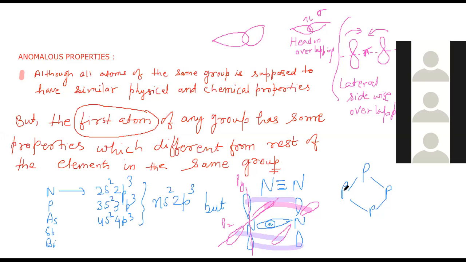But since phosphorus atoms are very big, their orbitals are also far away. In case of phosphorus atoms, their p orbitals are so far away that the adjacent phosphorus atom can only form a bond with it.